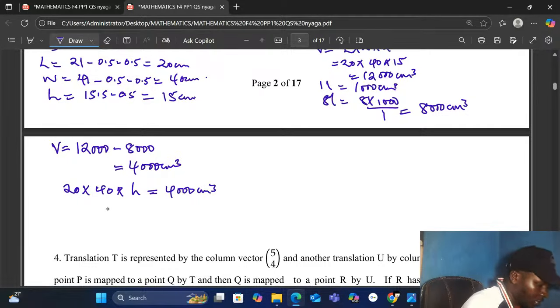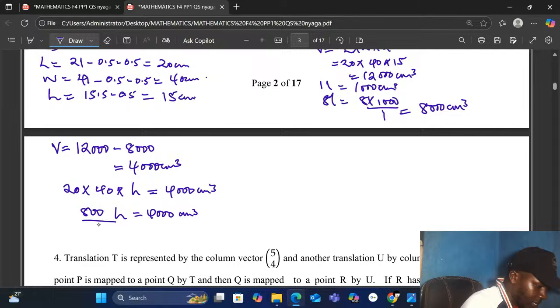So now the value of h, we shall have 800h equals 4,000 cubic centimeters. That is 20 times 40, 800.